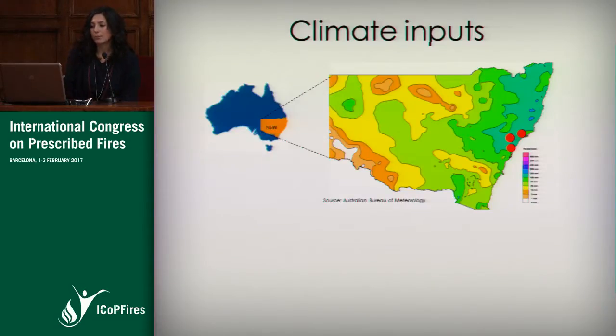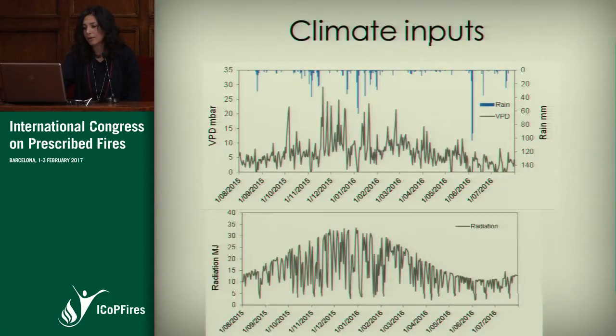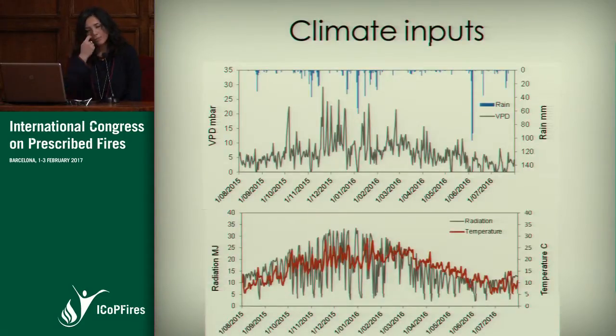So we use 3 plots, and we extracted the information about VPD and rainfall. VPD is very important for transpiration in eucalyptus forest because the canopy is open, it's very well mixed with the atmosphere, and VPD, vapor pressure deficit, is a main driver of transpiration. We have radiation and temperature data, and all this for 1 year after burning.